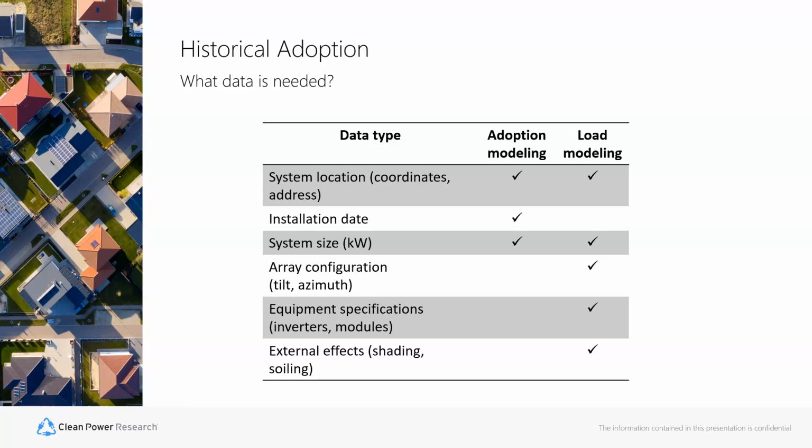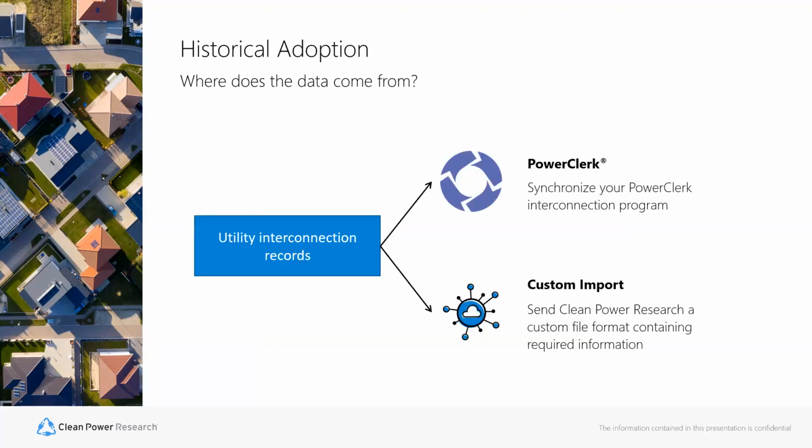We want as much information about those systems as we can get. So array configurations, if we can get them, and equipment specifications, what type of inverters and modules there are, that's great. And we can even use things down to external effects like shading and soiling. All those things just make those production estimates better.